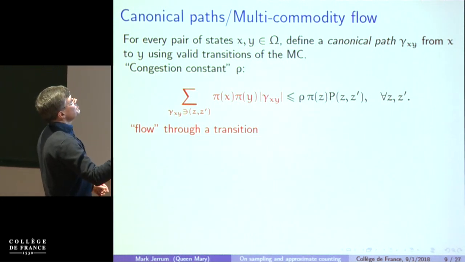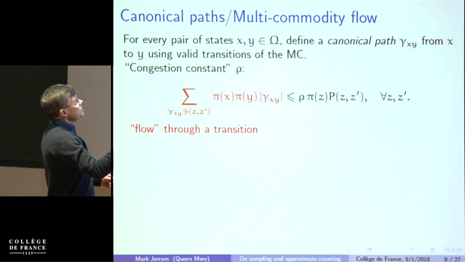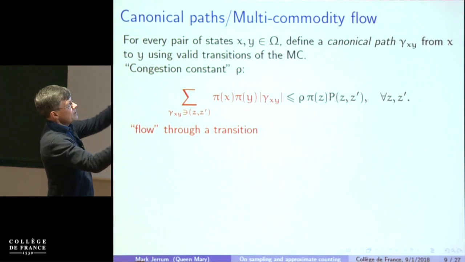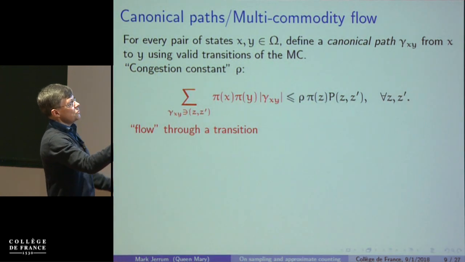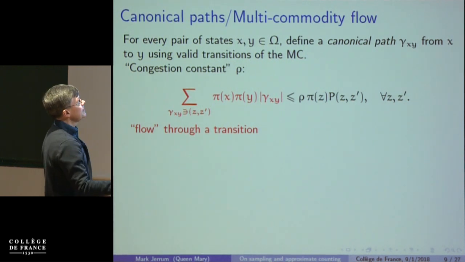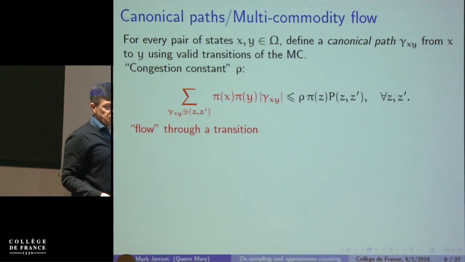So this is some state, and this is an adjacent state that we could move to, and we ask how many canonical paths use that transition. For each of them, we have a flow. We charge whatever the probability of the initial configuration is, whatever the probability of the final configuration, and the length of the path, the number of transitions on the path. And that's our notion of flow.